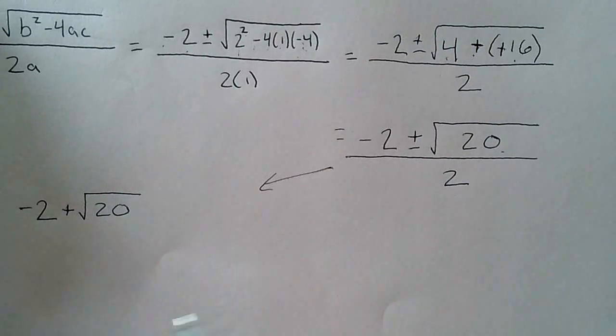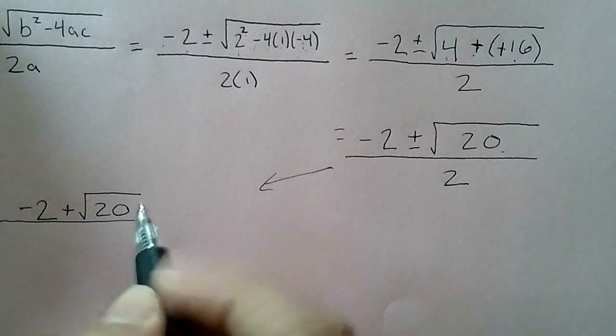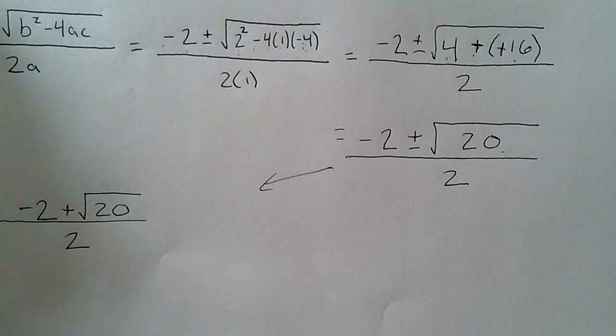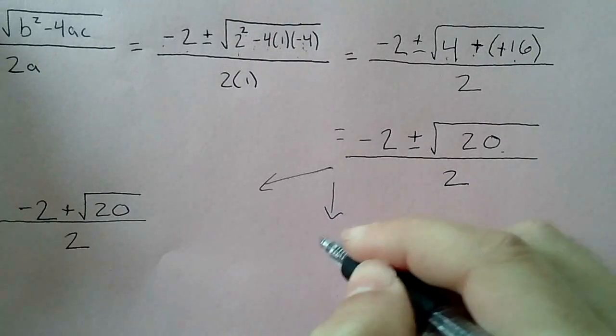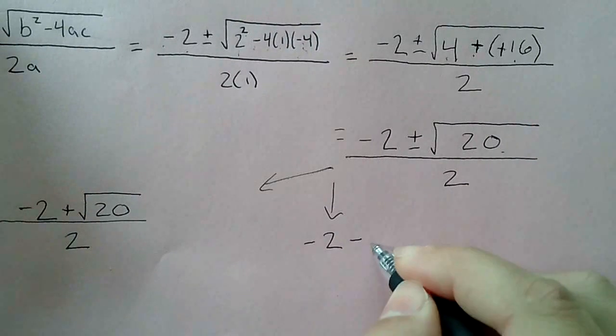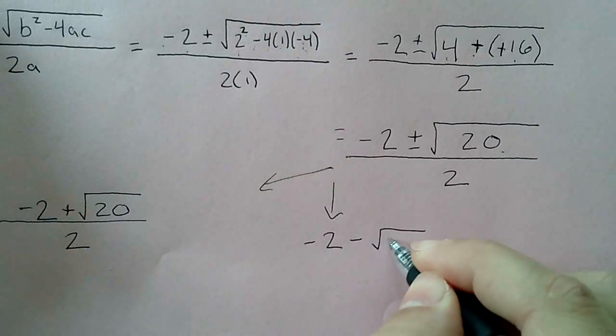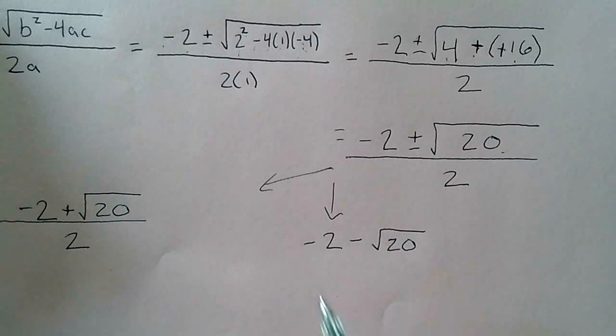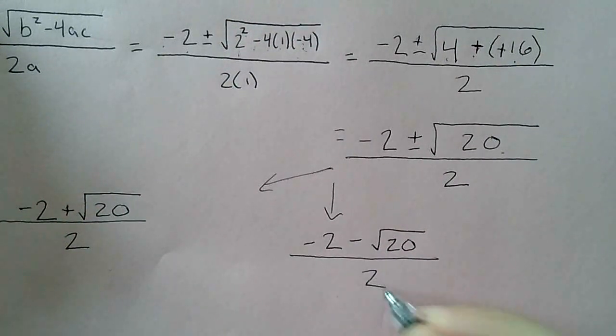I'm going to keep it in that form, and I'm going to divide it by 2. And then my other one will be -2 minus, not -20, positive 20 divided by 2.